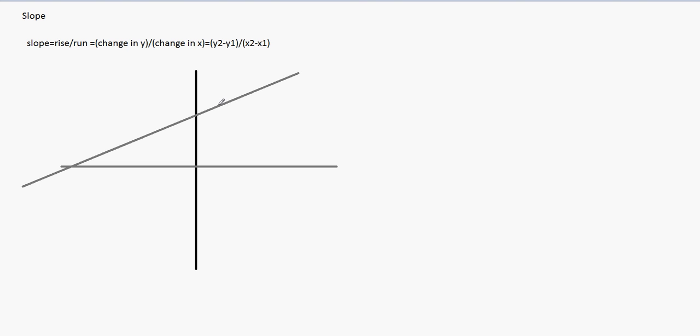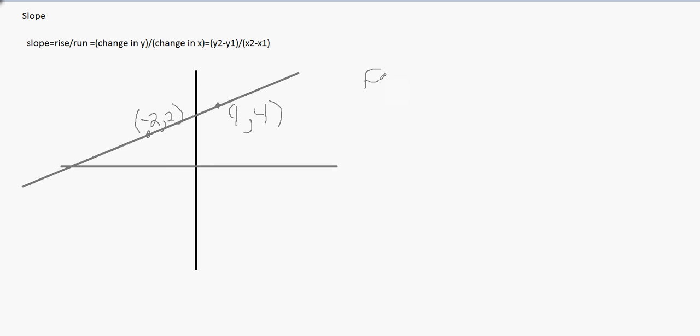One of those is the point (1, 4). And the other is the point where x equals -2 and y equals 2. So let's say we know the coordinates of these 2 points.